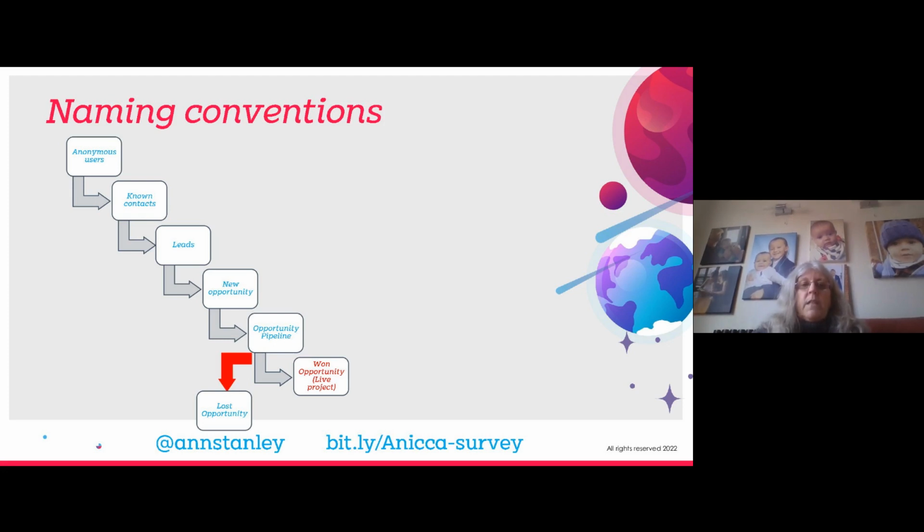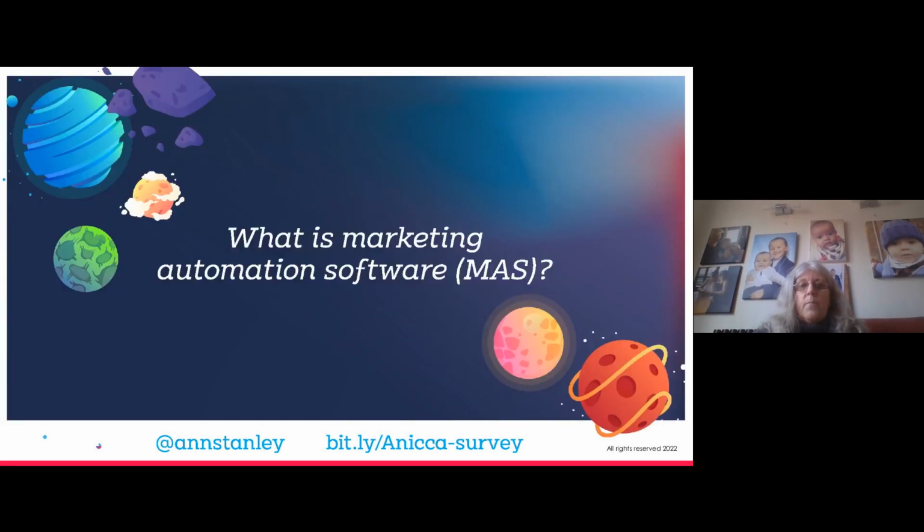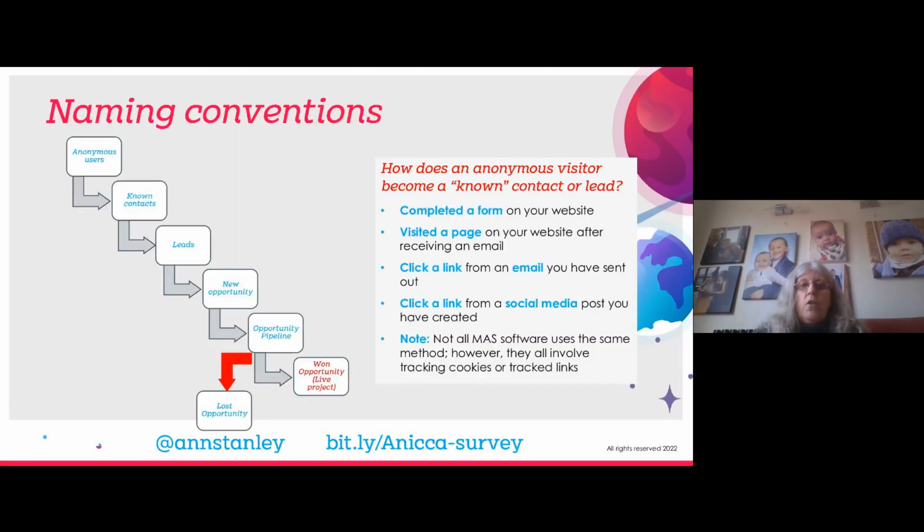Now, what we do need to understand is how we go from, I pressed the button too quickly, how we go from an anonymous visitor to a known contact. Now, the different software use slightly different systems, but they all involve some form of tracking, which goes onto your website, and also which means that there's cookies loaded onto your device, which means that you'll have a different cookie or tracking code on your laptop and your phone and your desktop.